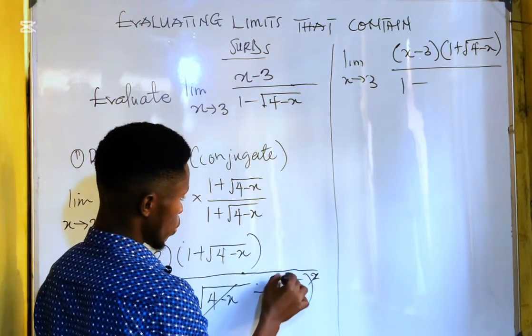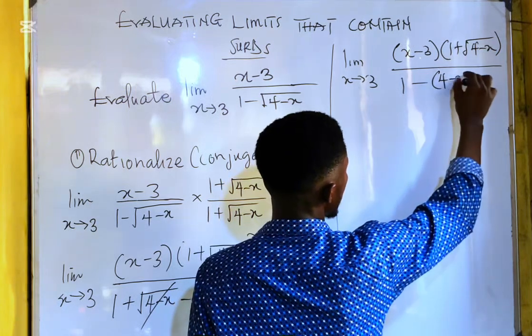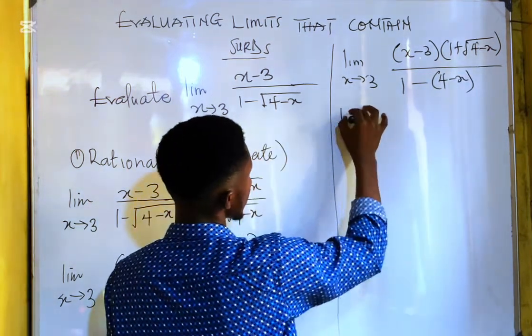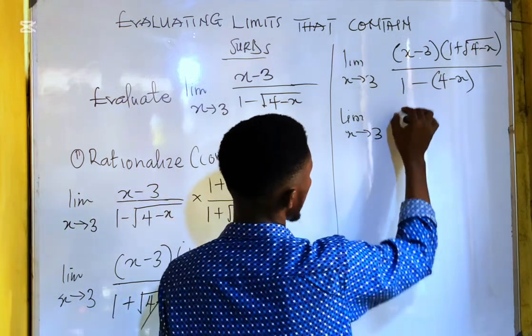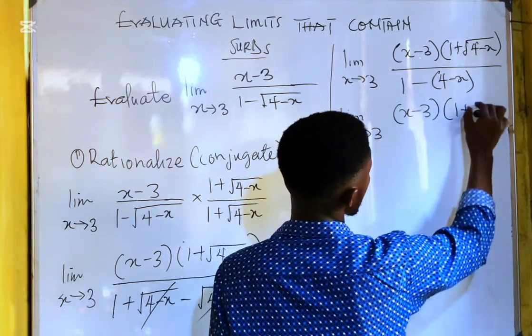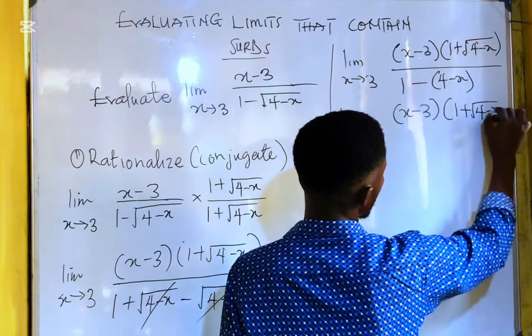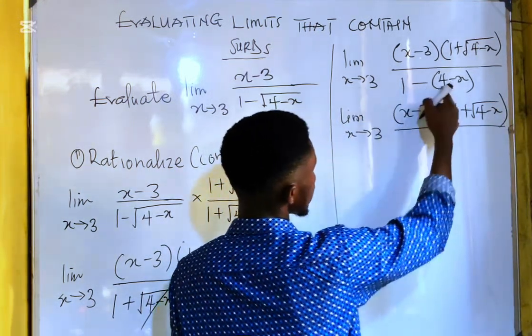Remember, the square will cancel the root, leaving 4 minus x. So we have the limit as x approaches 3 of x minus 3 times 1 plus the square root of 4 minus x, all divided by this negative affecting this.